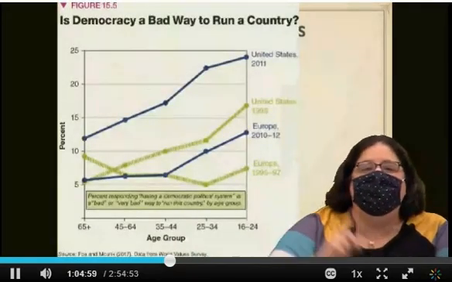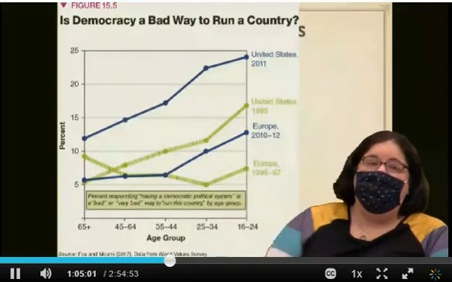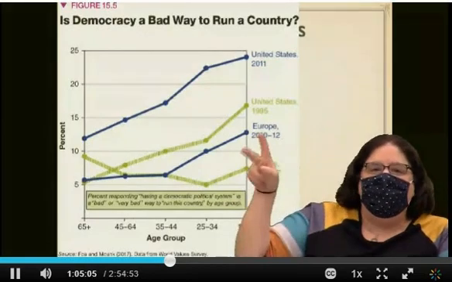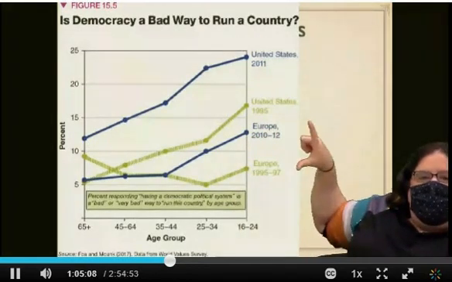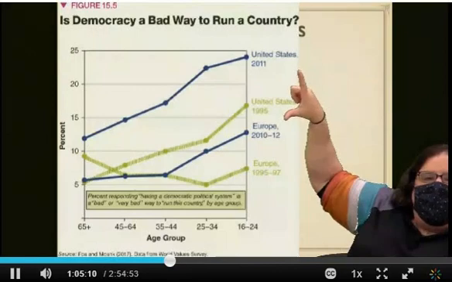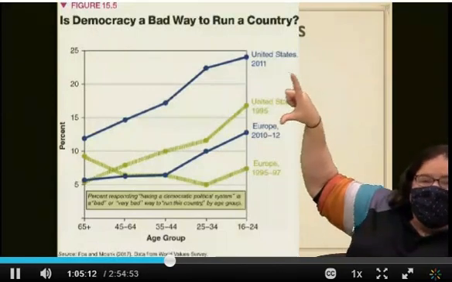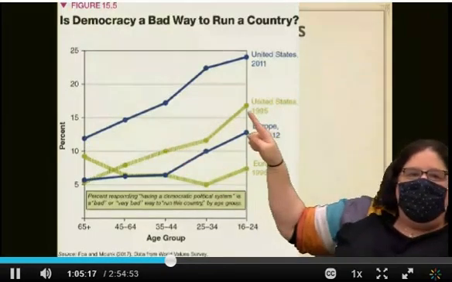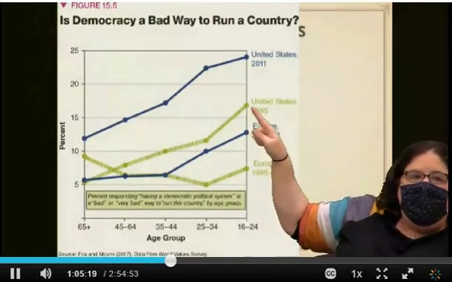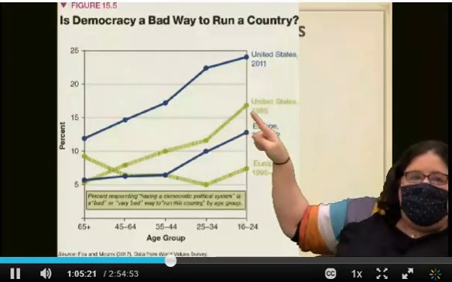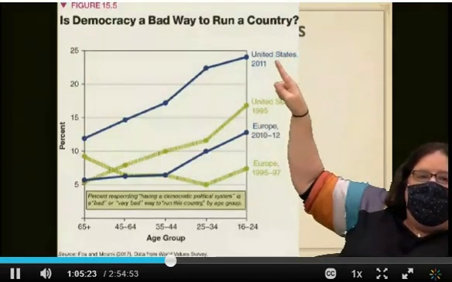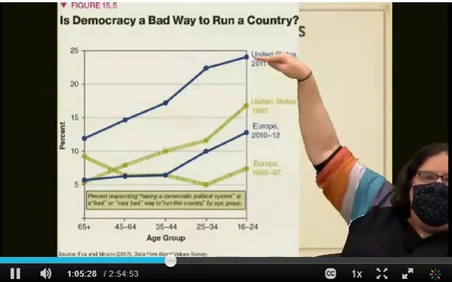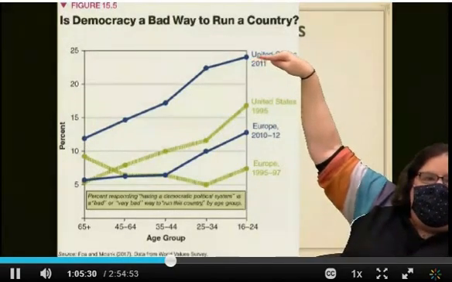Another question was asked, is democracy a bad way to run a country? And here you have to compare the two green lines, which are from the 90s, and the two blue lines, which are from the early 2010s. So in the 90s, about 15 to 17% of people said democracy is a bad way to run the country. But by 2011, among young people, that had almost doubled to 25%.